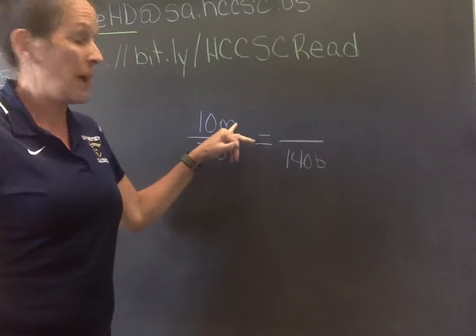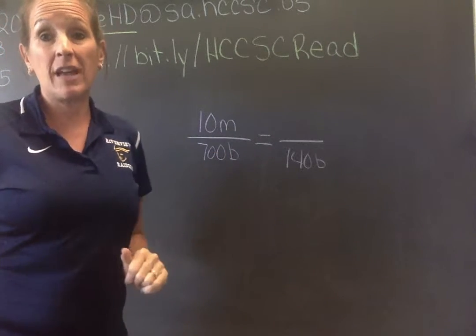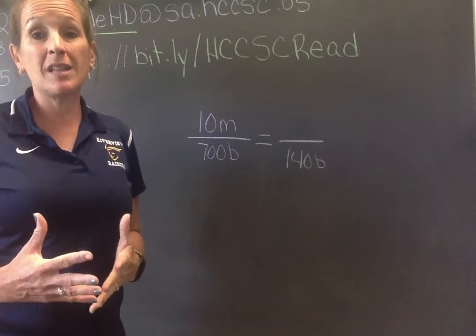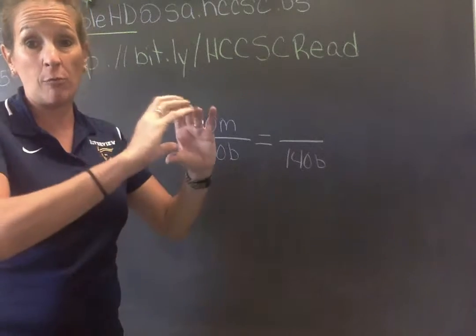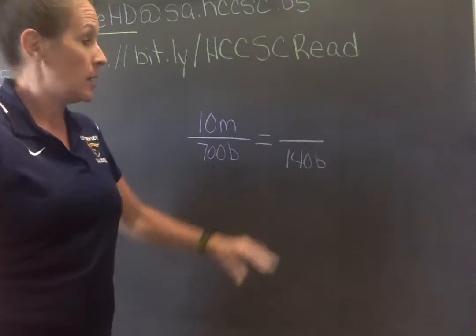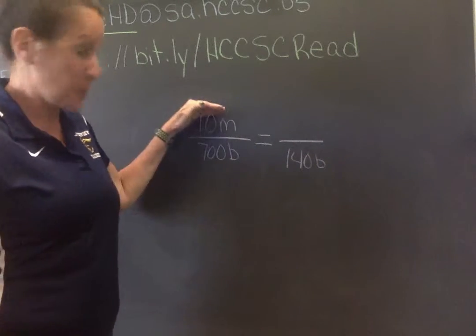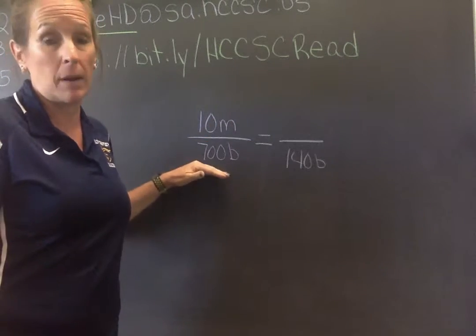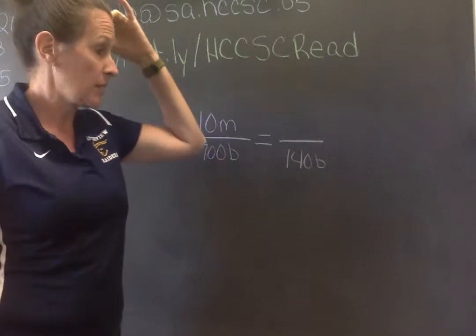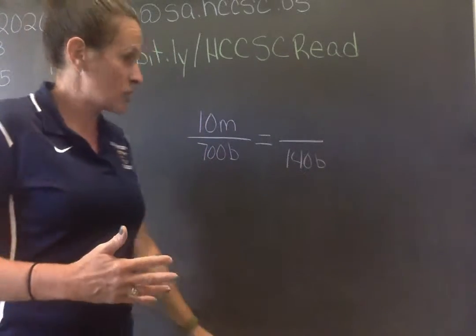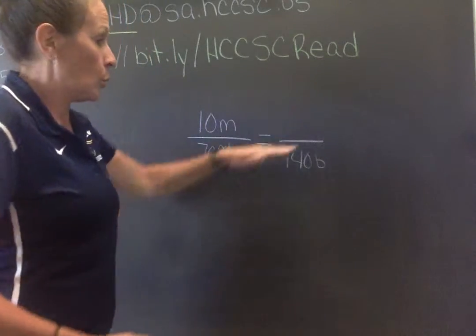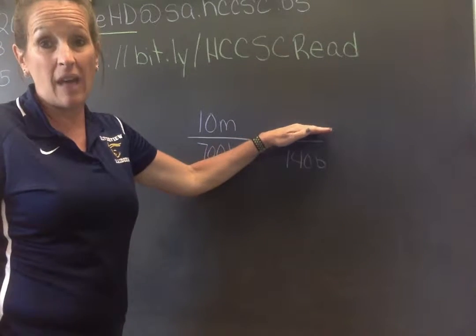Now, you don't have to have the M. You don't have to have the B. I simply put those there to remind myself what I've put on the top and what I've put on the bottom, because it has to match here. Whatever goes on the top here has to go on the top here, and whatever goes on the bottom here has to go on the bottom here. Now, my way is just a little different because we don't know this value up here.